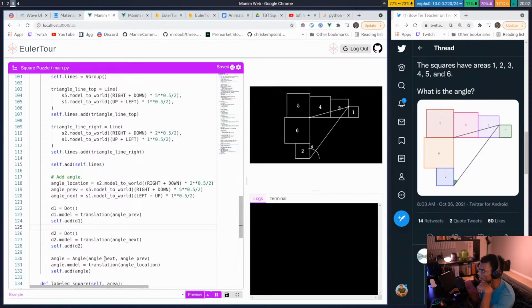Angle next and angle prev. If it's measuring in the positive direction, which means I'd want this one to be the prev. I might as well do that just to simplify the logic.